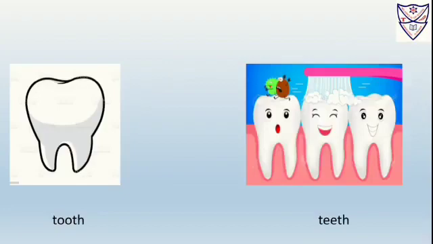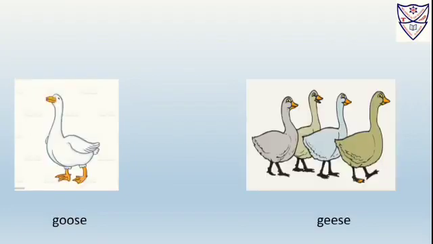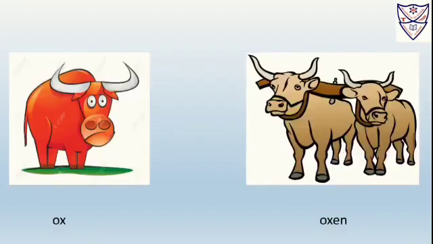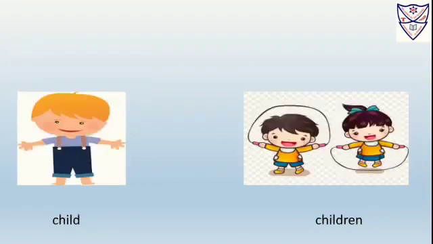Tooth, teeth. Goose, geese. Mouse, mice. Now here we can say that the plural of ox is oxen. The plural of child is children.